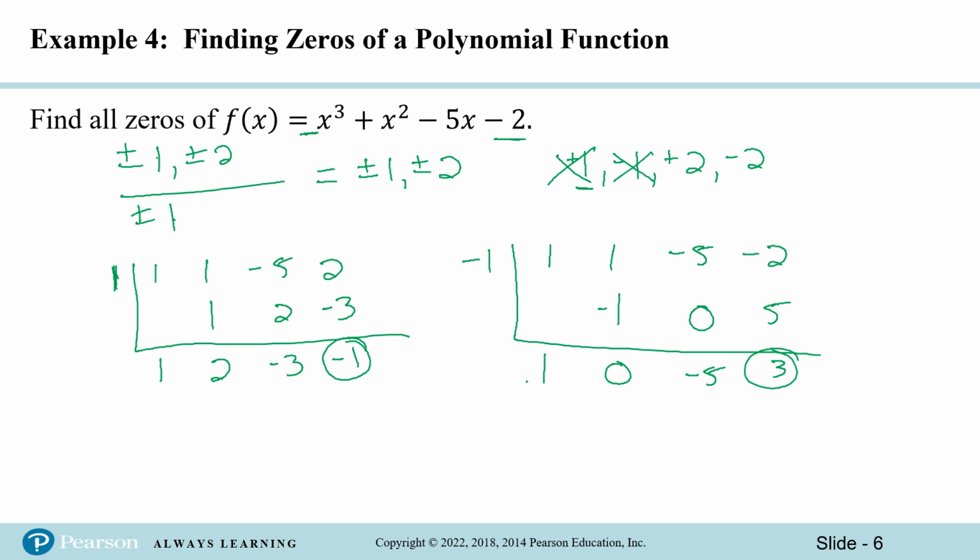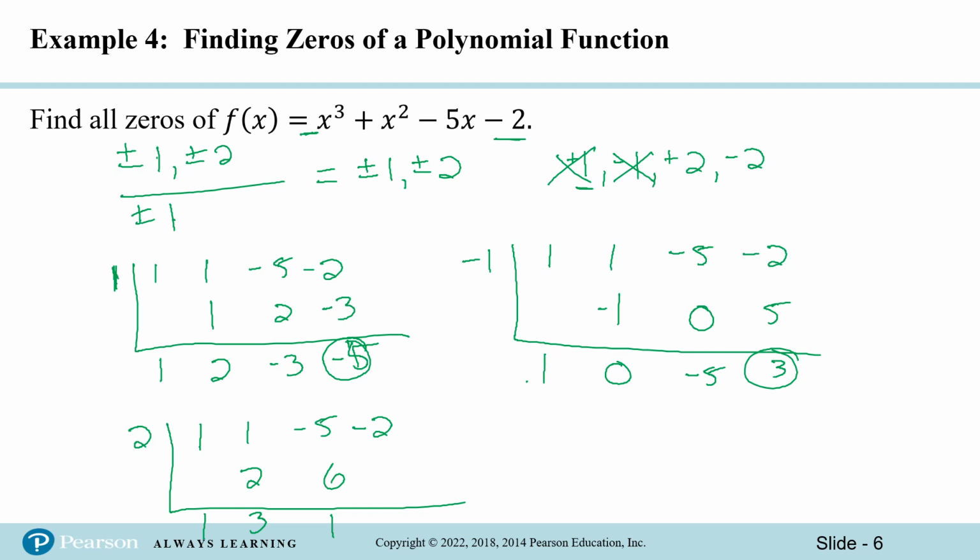So now I'm going to try the next one, 2. So 1, 1, -5, 2. And we just keep going until we find a 0. That should be -2, and that should be -5, and that should be -2.